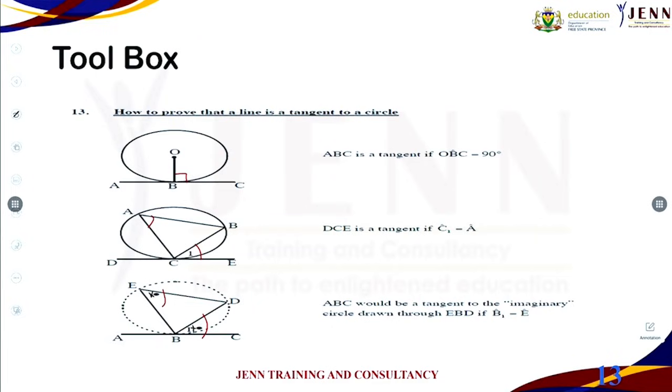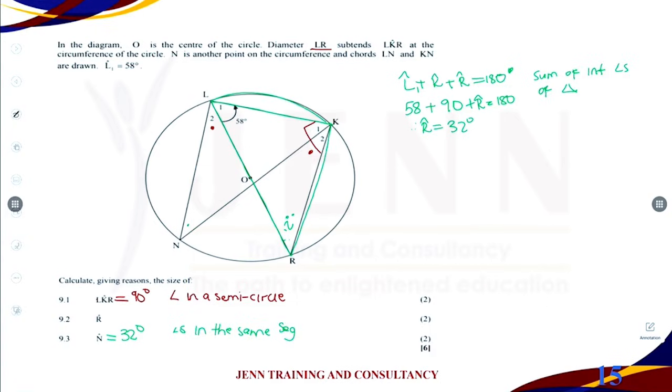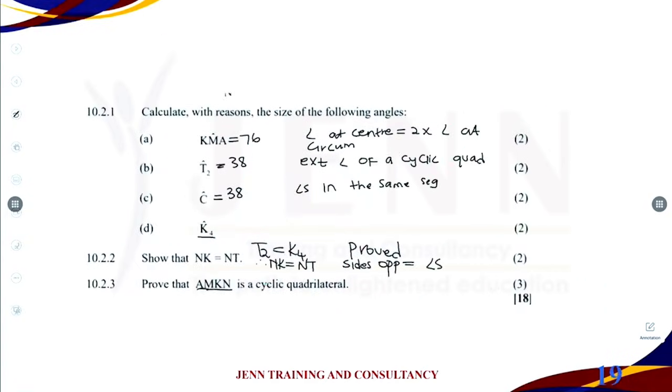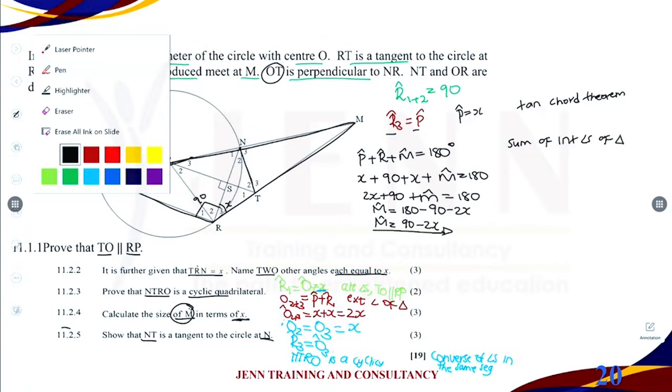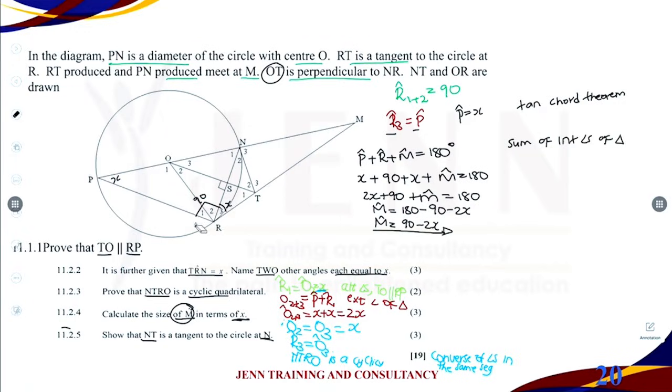To BE. With regard to that, for us to prove that a line is a tangent to the circle at N, which circle? To this circle. For us to prove that this line NT is a tangent, let me erase.